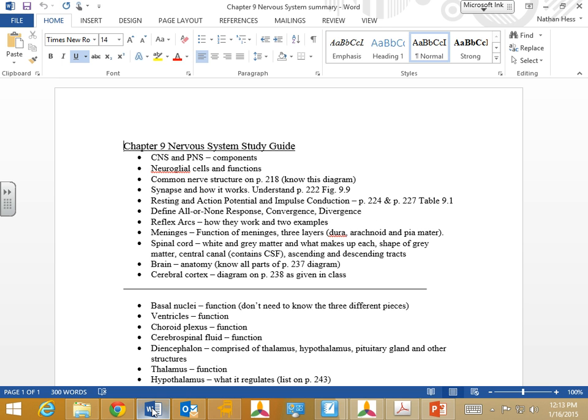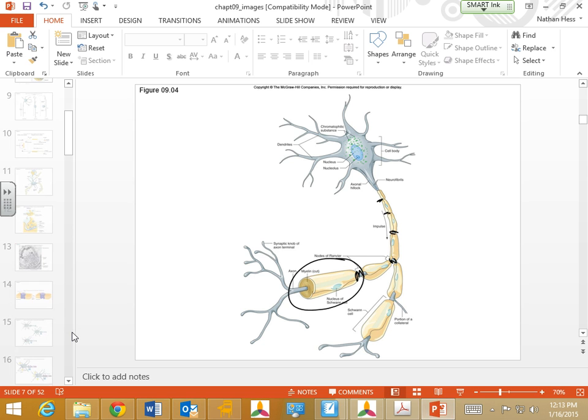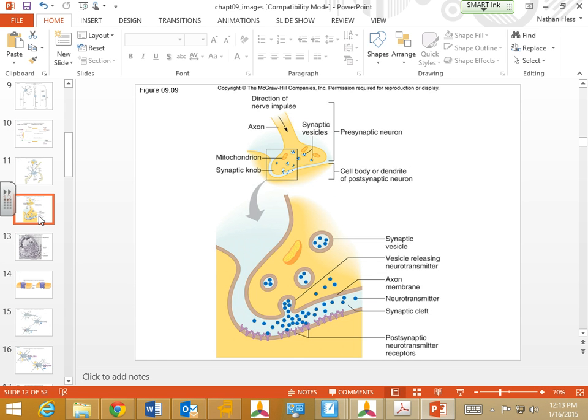A synapse is the next piece, but I don't think it's the next picture. Here's the synapse. And we spent the whole class period going through those pieces, as far as how that works.